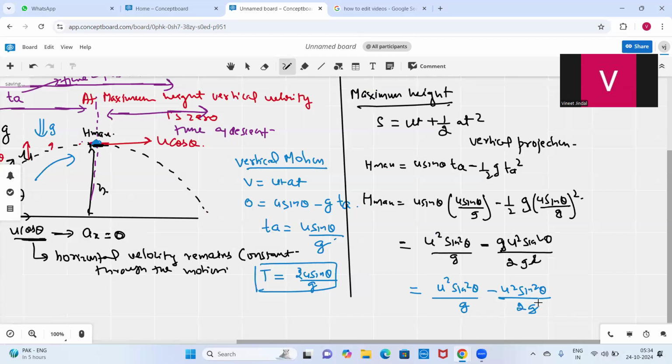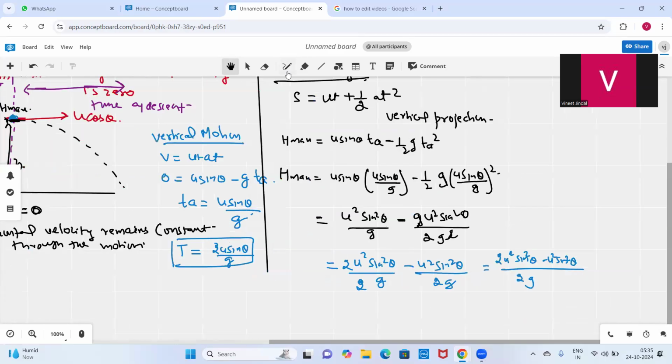To make the denominator equal, I will multiply and divide by 2. So this is equal to 2u square sine square theta minus u square sine square theta over 2g. The expression for the maximum height comes out to be u square sine square theta divided by 2g. This is the expression of maximum height.